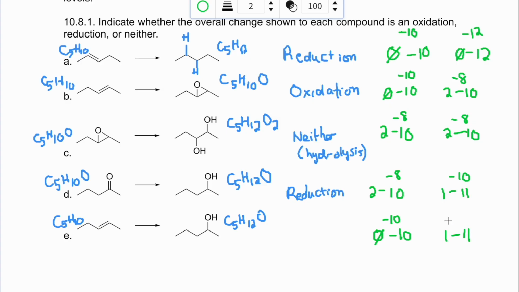Here we have 1 minus 11, so a -10. So we really have the same oxidation level in this alkene as we do in this alcohol. We have gained a carbon-oxygen bond, but we've also gained a carbon-hydrogen bond. So overall, we would call this an addition reaction. We would call it an addition of water. That's what we called it back in chapter 6. We did not call it an oxidation or a reduction. So this one would be neither.